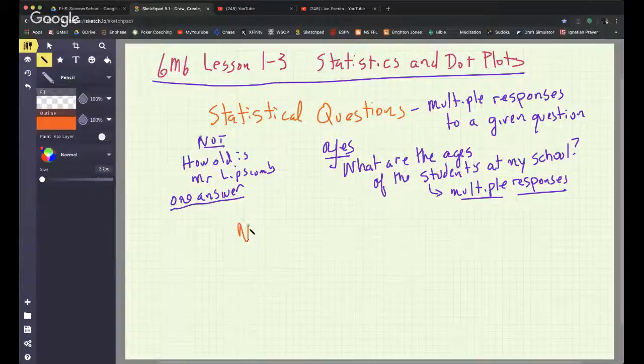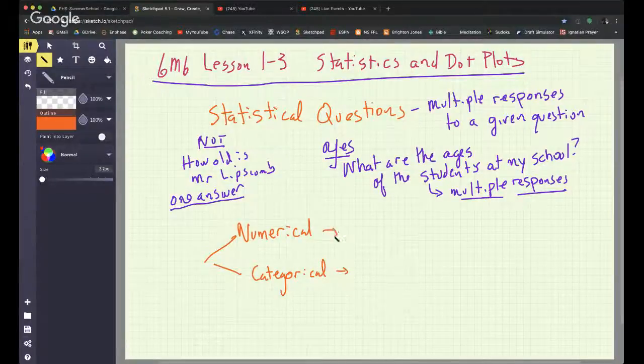There are two kinds of statistical questions, or at least 2 ways to differentiate them. We have numerical statistical questions, and then we have categorical. These are both statistical questions. A numerical statistical question is like the one above. The answers are numbers.